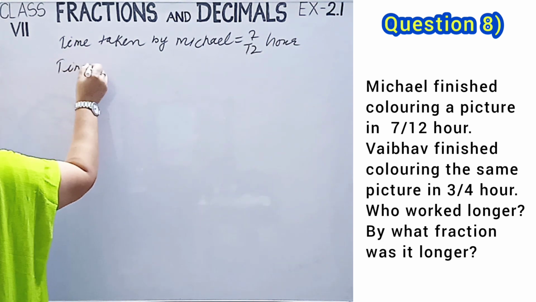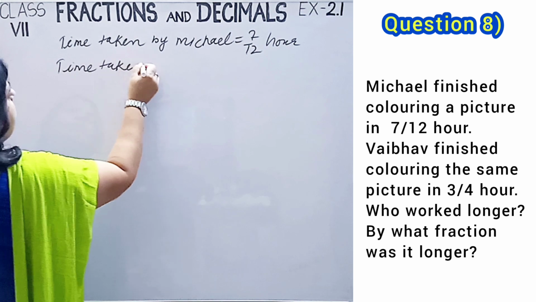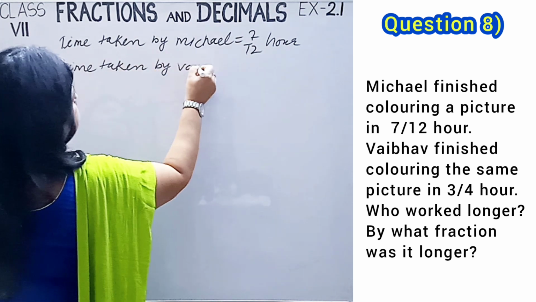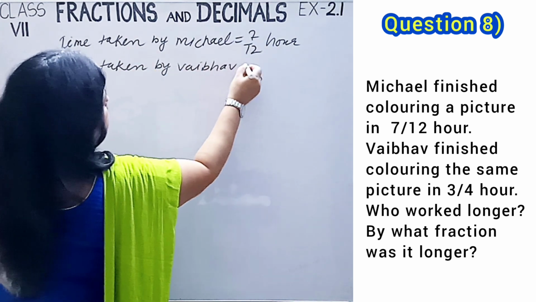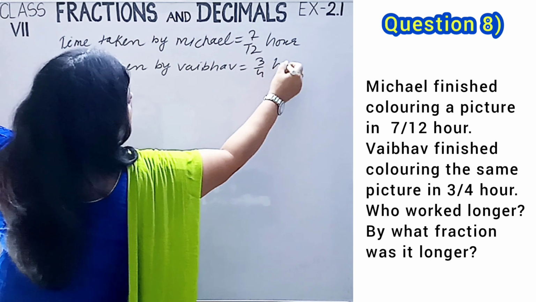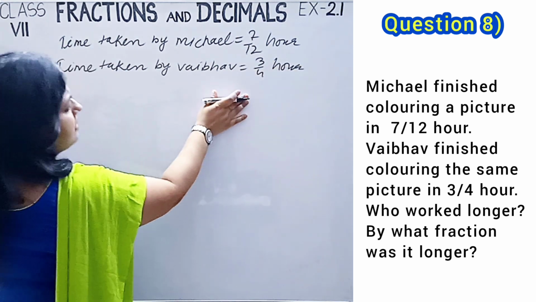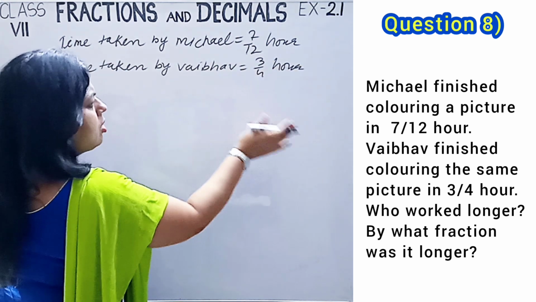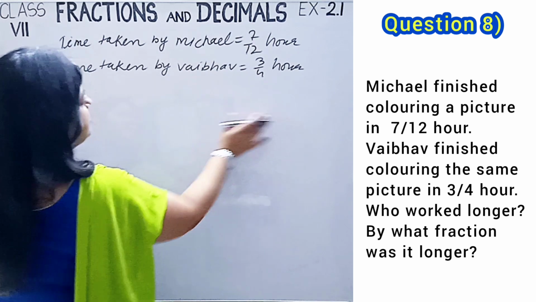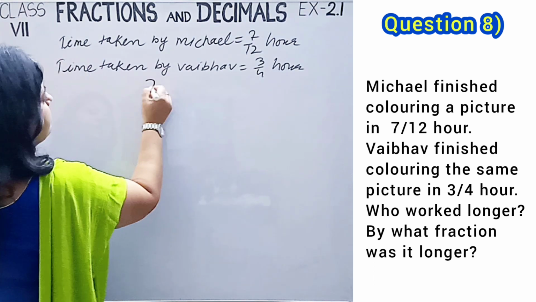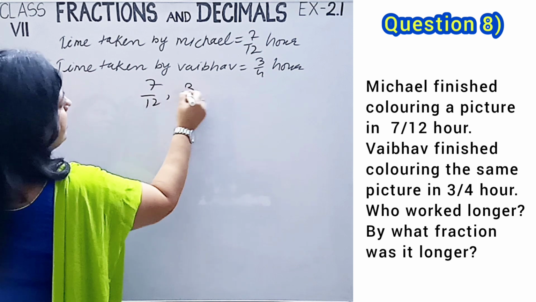Time taken by Vaibhav, 3 by 4 hours. So here we have to find out who has taken longer time to color the picture. So we have to compare. It means 7 by 12 and 3 by 4.